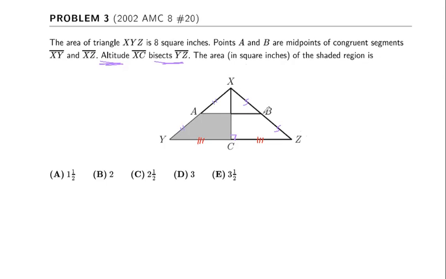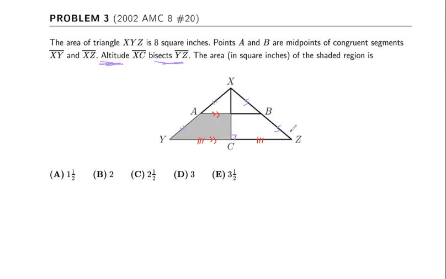And since this is a midpoint and this is a midpoint, then I can say AB and YZ are parallel. If you are not sure why that makes them parallel, it's just the similarity, because this divided by this is 1/2. This divided by this is also 1/2, which is 2 sides proportional, and the angle in between, which is X, is equal in this smaller triangle and the larger one.